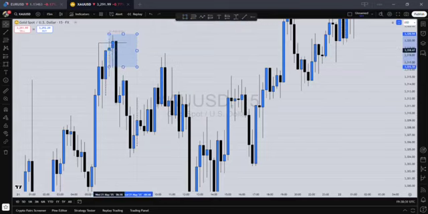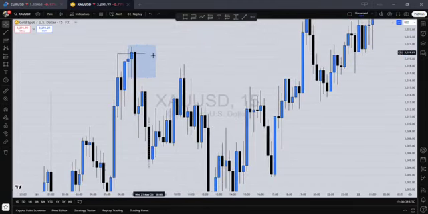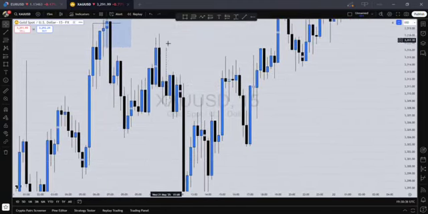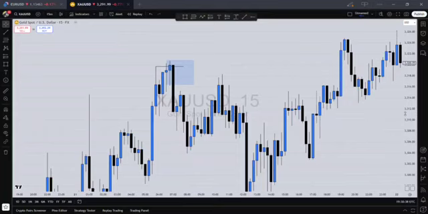Even in a bullish structure, it still reacted because it cleared liquidity. You can see how price cleared the high of a candle, and how price came back in and it reacted.